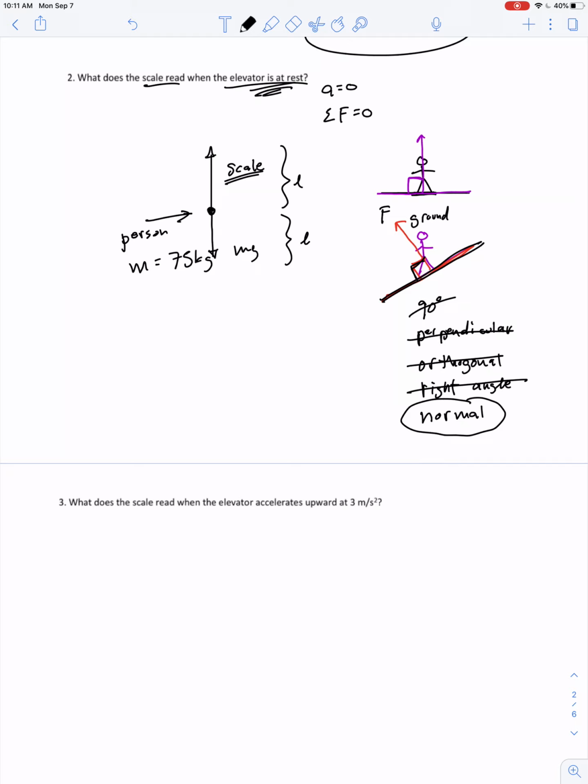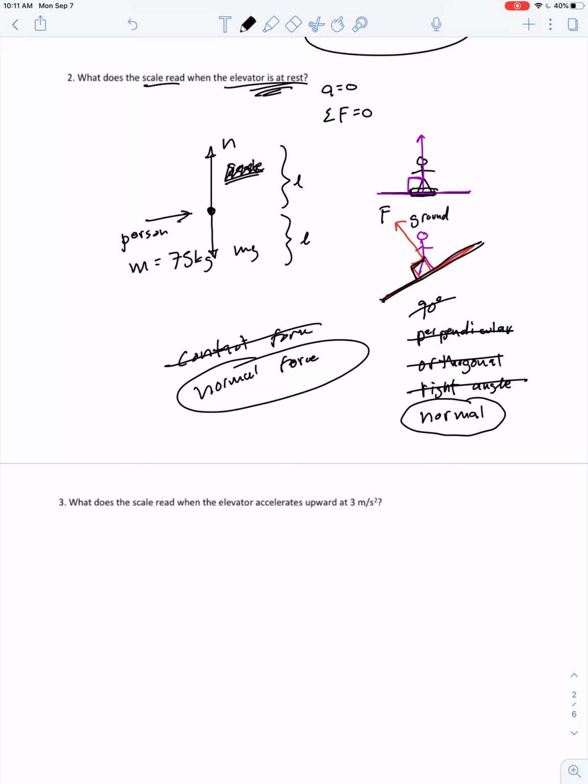And so in that regard, the scale reading in the case of this person in the elevator is a force that's normal to the floor of the elevator. So I'm just going to use this symbol N as a reminder. So contact force and normal force, moving forward, are interchangeable terms for us.